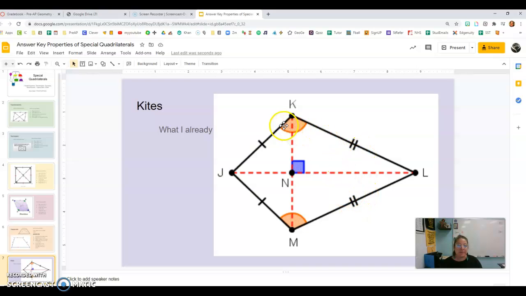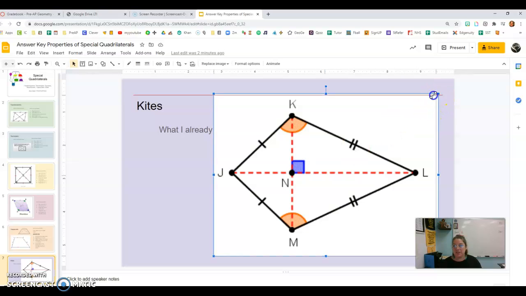The other thing that pops up is this orange marking on angle K and angle M. What happens is you get one set of opposite angles that end up being congruent to each other. There's only one set. And last but not least, the diagonals of a kite intersect with this blue square that, remember, means perpendicular, or 90 degrees.